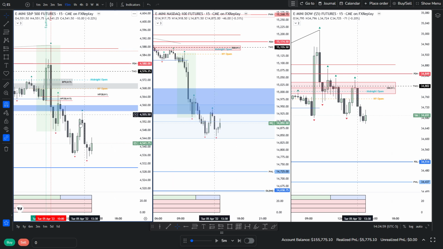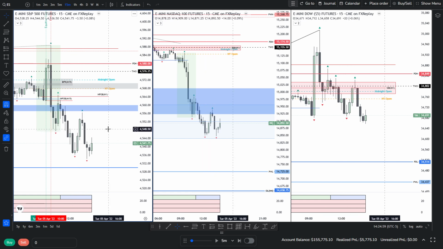So there's a 15-minute fair value gap here, which will likely trade into. Obviously the market traded back into this bearish order block here, rejecting. We've got a balanced price range in here and this SIBI, so we should really see lower prices from here and the market continue lower.